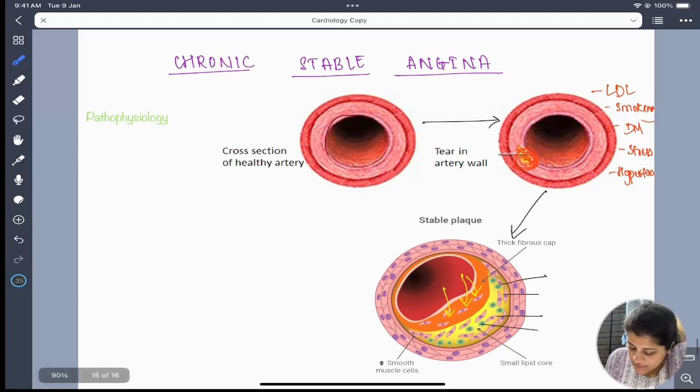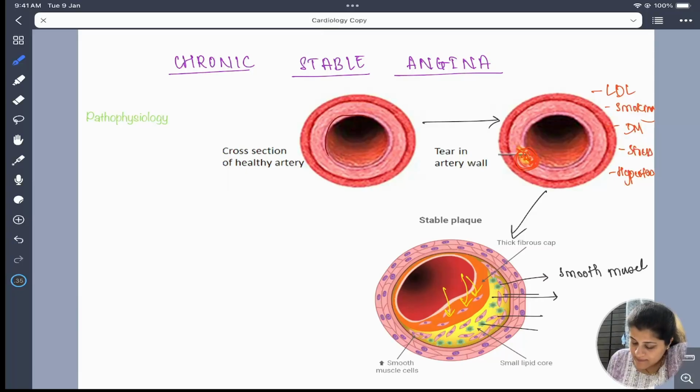So this is smooth muscle, fat cells, fibroblasts. They get accumulated beneath the intimal layer of the blood vessel, and they form an atheromatous plaque.